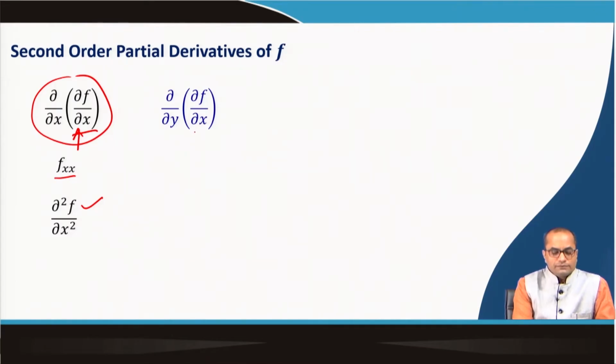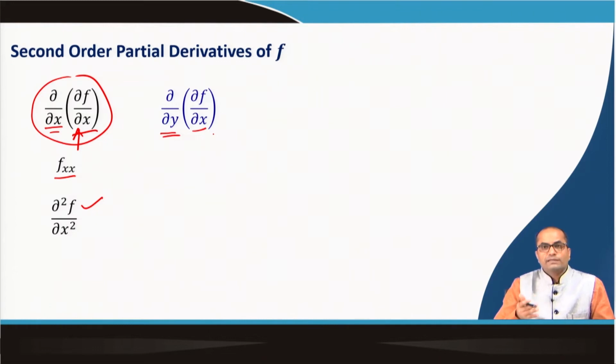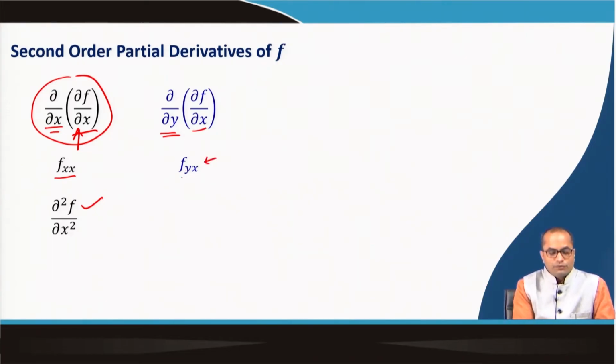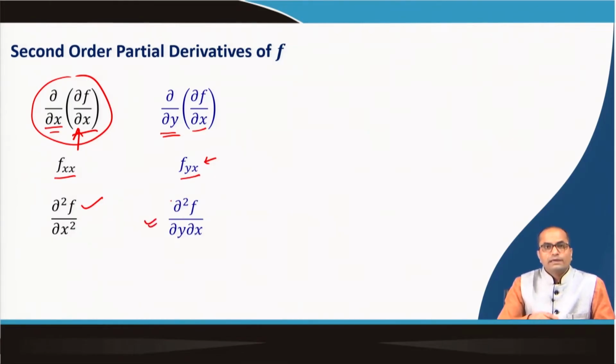Here we again have the first order derivative with respect to x, and then we differentiate with respect to y. The function del f over del x is differentiated with respect to y, and the symbol used for this second order partial derivative is f yx, or del 2 f over del y del x.